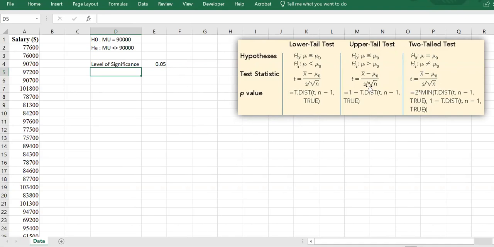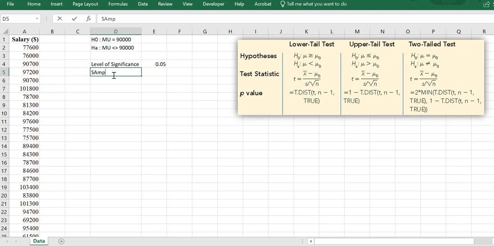For that, I need to find the sample mean. I have the hypothetical value of 90,000. I need to find the standard error, which is standard deviation divided by square root of sample size.